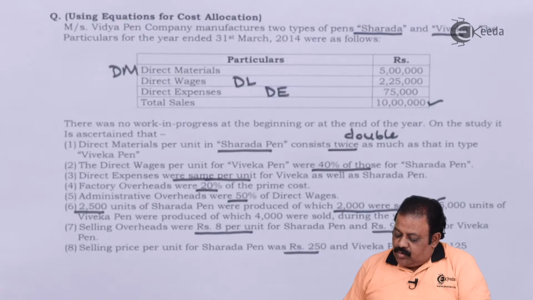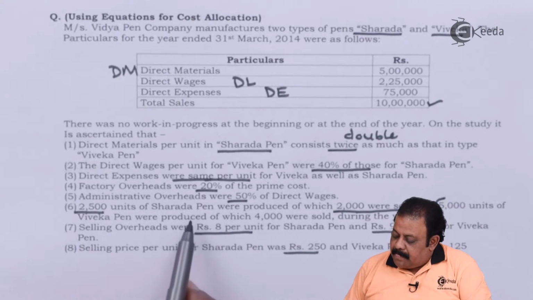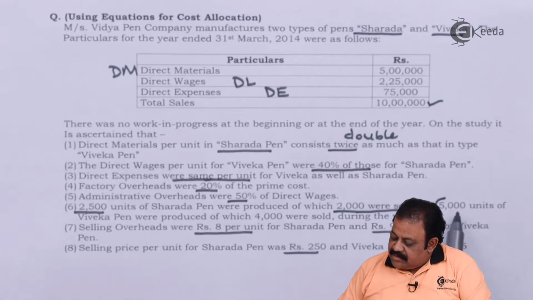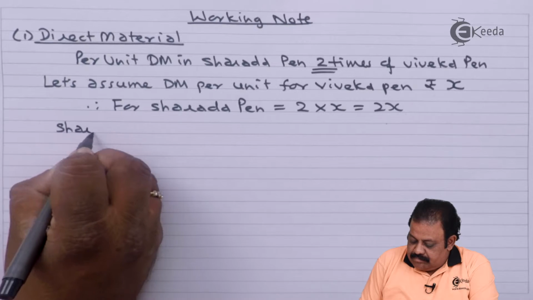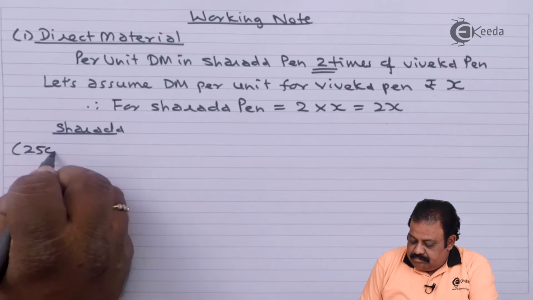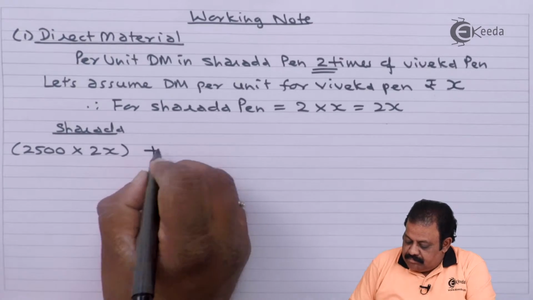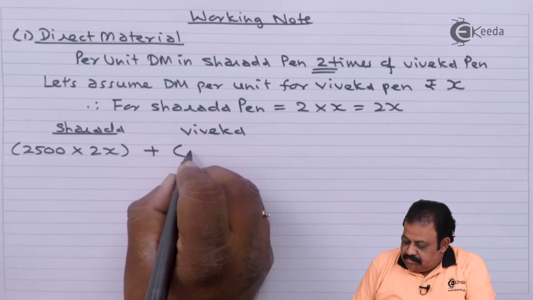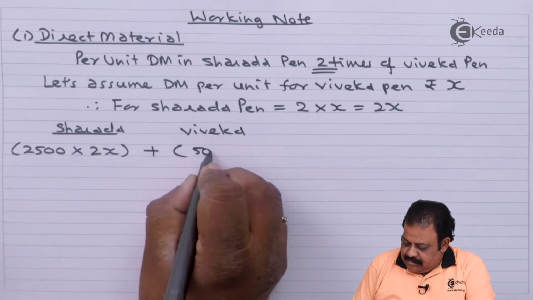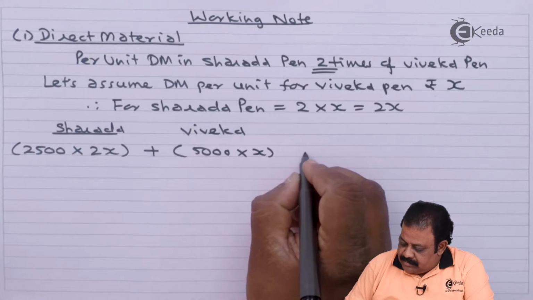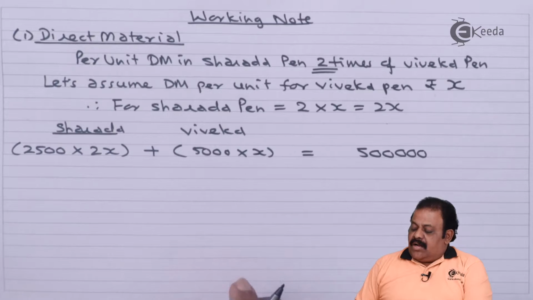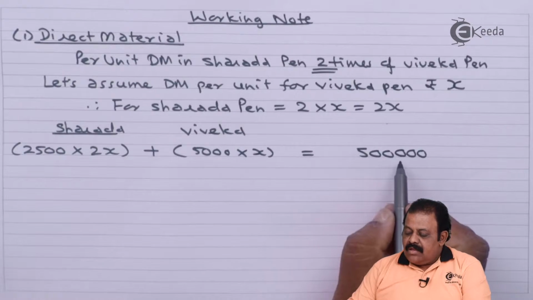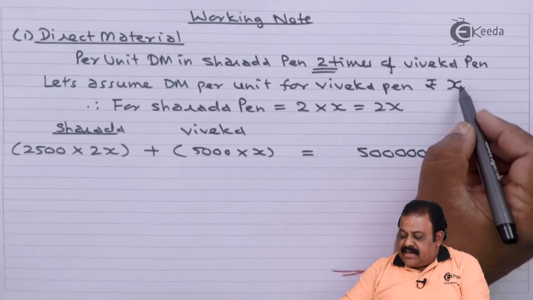There is production of 2,500 units of Sharda and 2,000 units sold, and there is production of 5,000 units of Viveka Pen. Total direct material cost is 5 lakhs. Per unit we have assumed X and 2X.